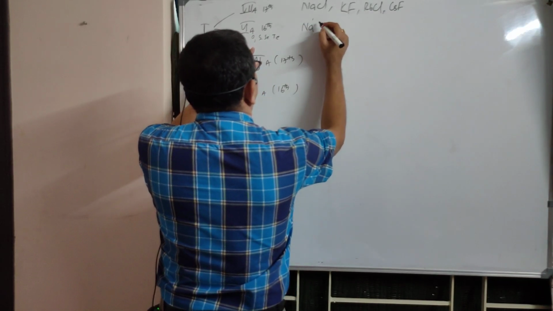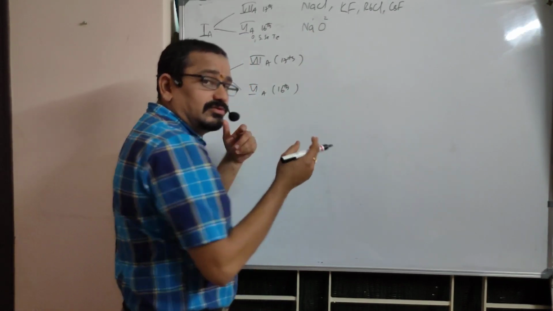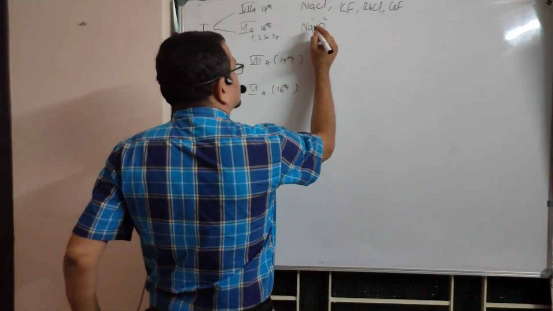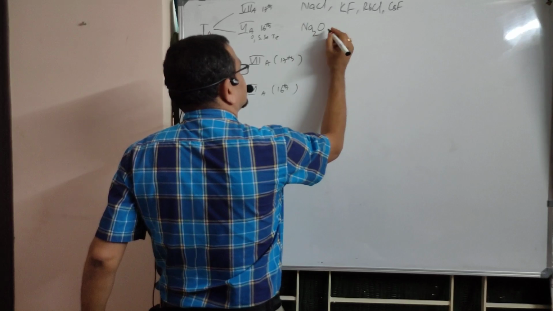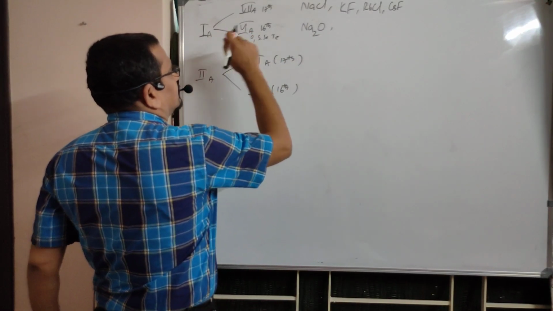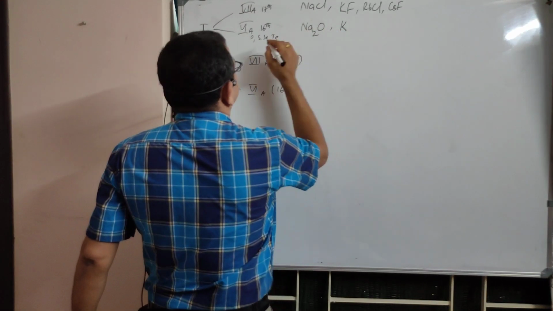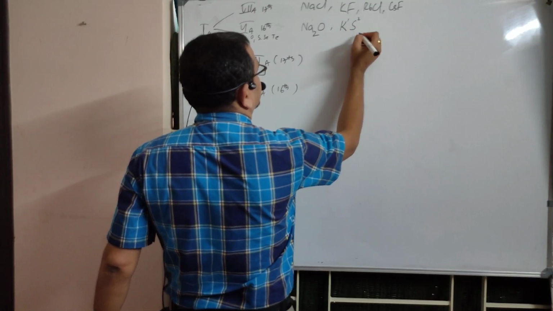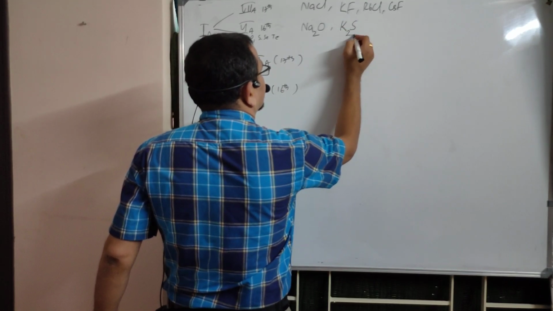Na valency is 1, oxygen valency is 2. We discussed it just now. For this purpose only I explained that. So crisscross method, Na2O. So this is one ionic compound. Suppose you take potassium and sulfur from 16th group. Sulfur valency is 2, potassium valency is 1. Crisscross, so K2S.